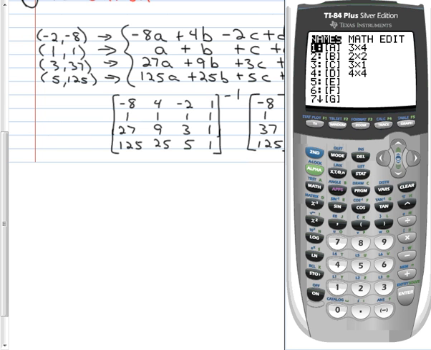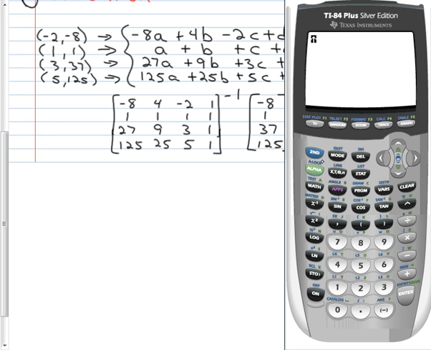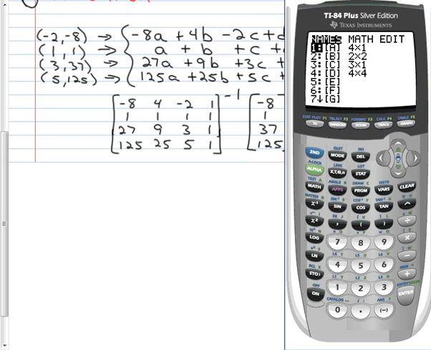Evidently I put it on D. Actually, I want to go look to make sure. 4 by 1 is that other thing. The inverse, hopefully I entered it.